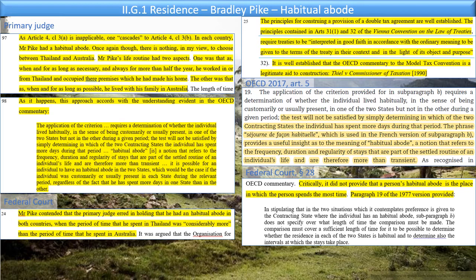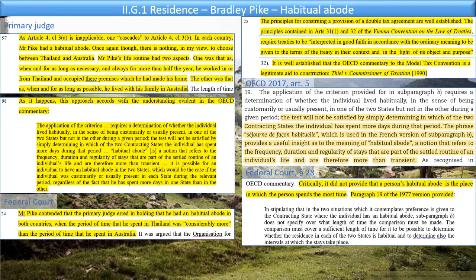But when he's done, he goes back to where he habitually lived. Then you can't just say that because he lived, quote unquote, in the country where he worked for 190 days, he also had an habitual abode there. No, he had an habitual abode in country one, but not in the 190-day country, because that's not habitual, right? Not in the sense that paragraph 19 of the French text is explained here above.